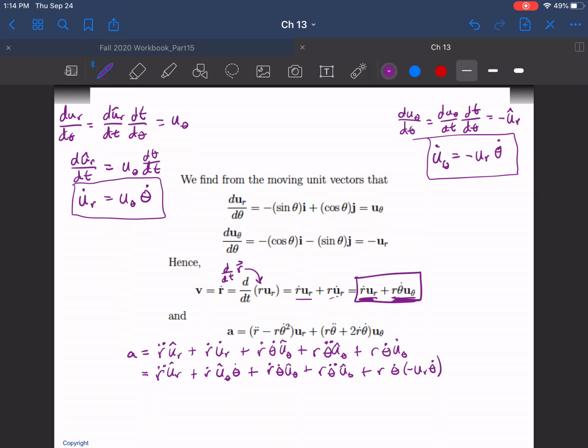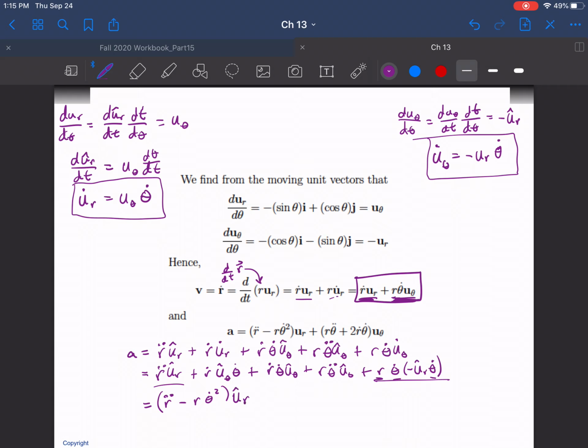And then if we go through and start combining all of our like terms, so we have our ur vectors, that's this one and this one, so it'll equal r double dot and then minus r theta dot squared, and that whole thing is in the ur direction.